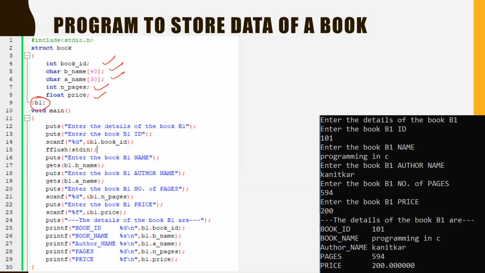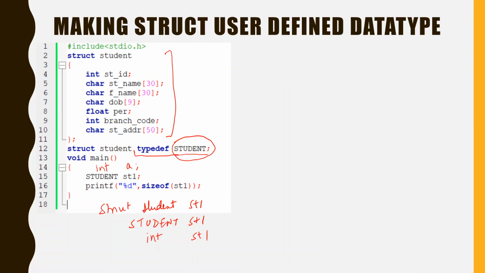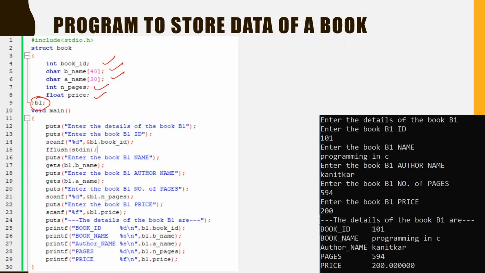If we had a typedef, we would have written struct book typedef BOOK, which would make it feasible to declare variables like BOOK b2. We could also create it over here.